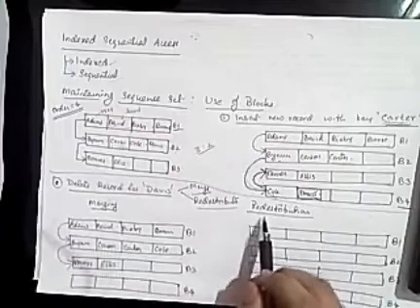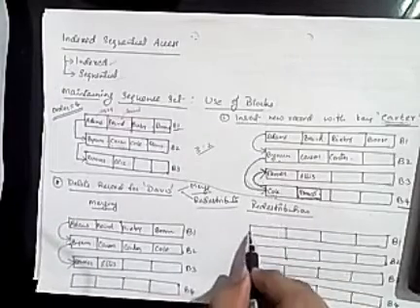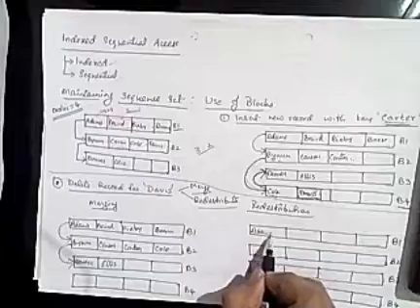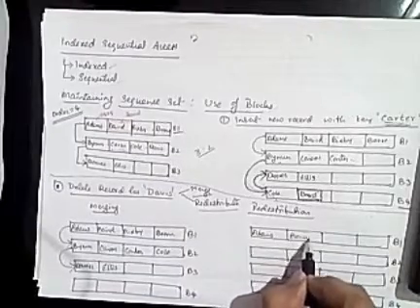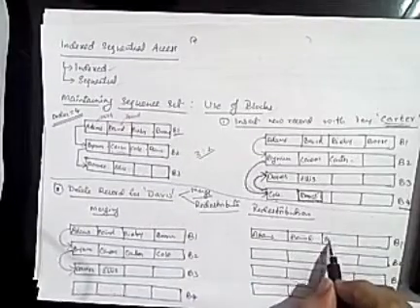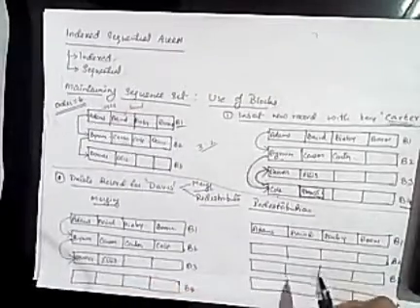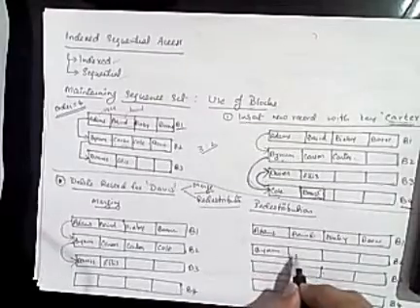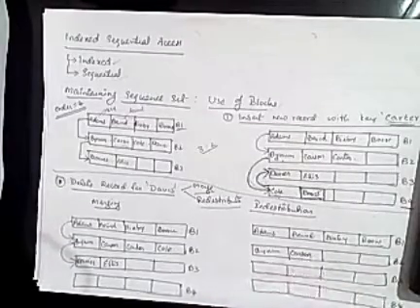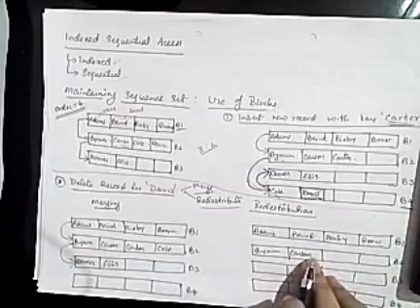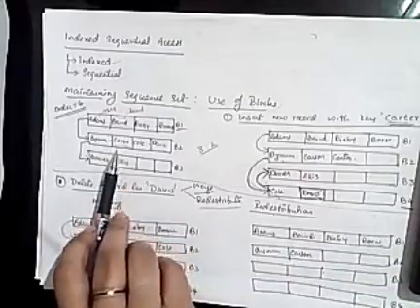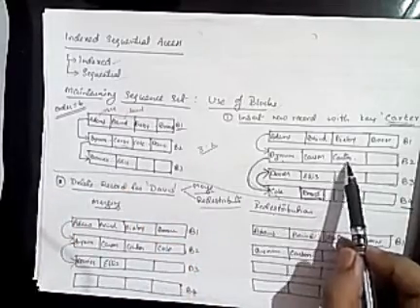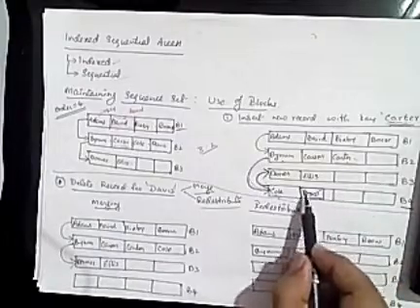Now, what do you mean by redistribution? Here we write as it is, and here I will write only 2 records. I have deleted Davis, so here it is underflow.